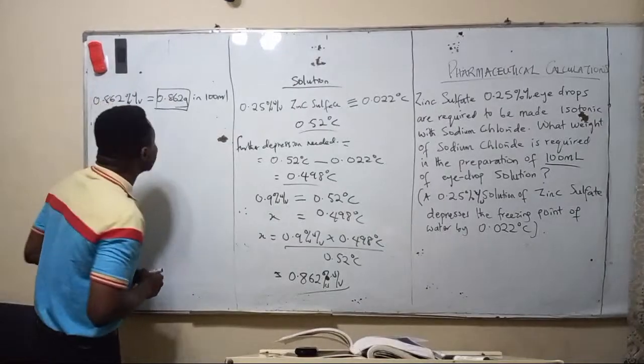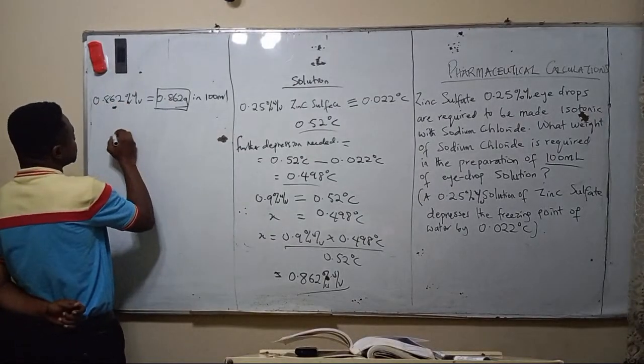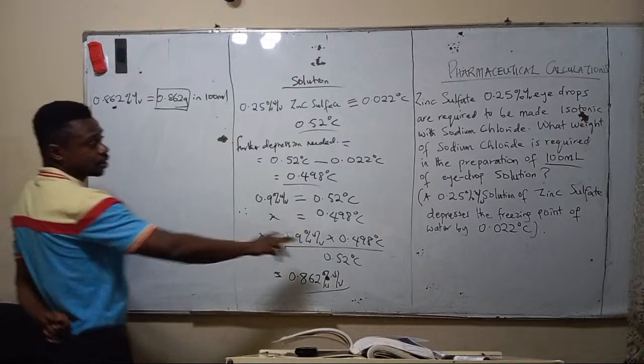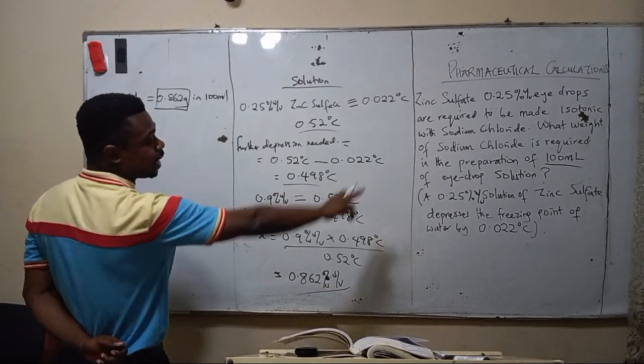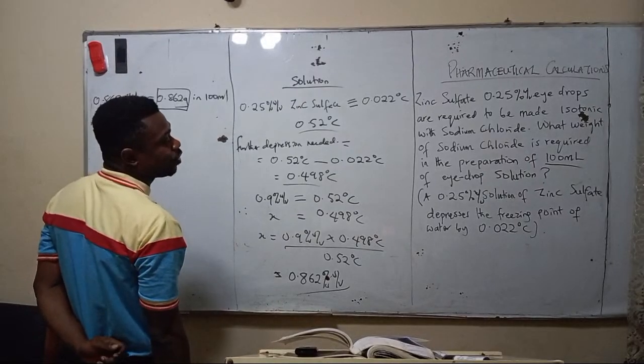So you need to add, because the question says what weight of sodium chloride is required in the preparation of 100 ml of the eye drop.